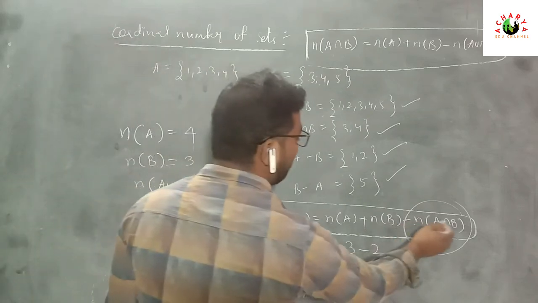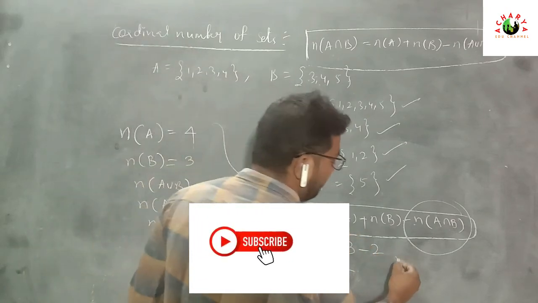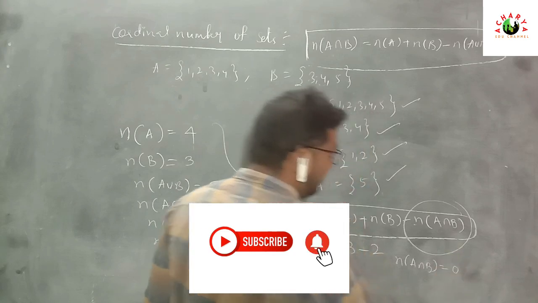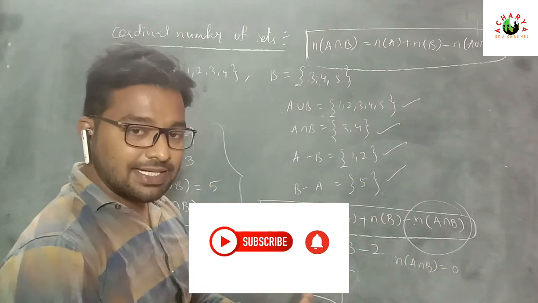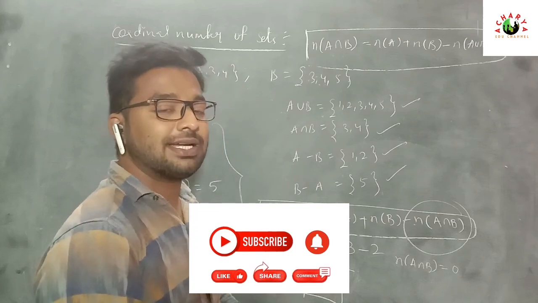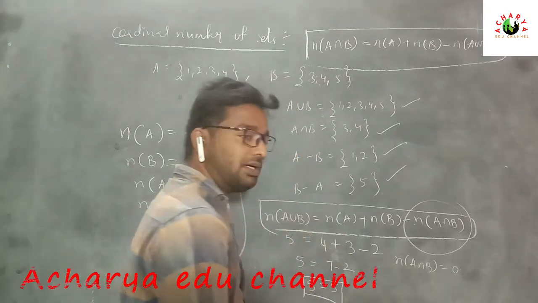Because here n of A intersection B is equal to 0. For disjoint sets the intersecting part is the null set. In the null set there are no elements, so n of A intersection B is equal to 0.